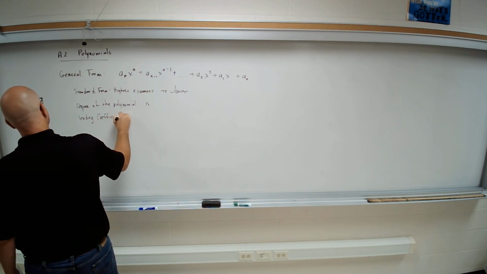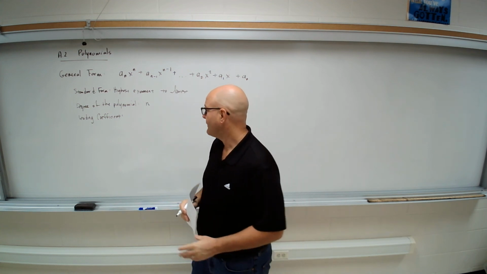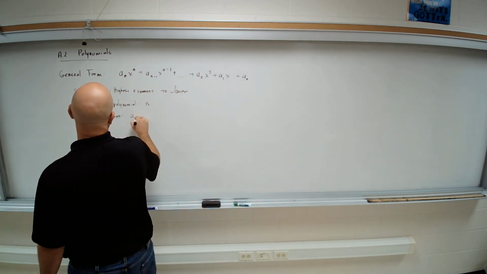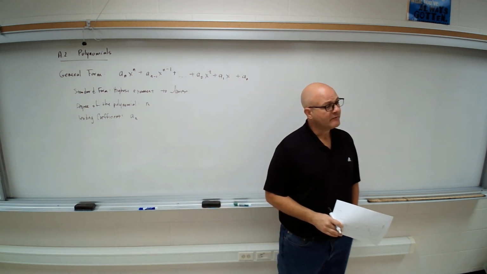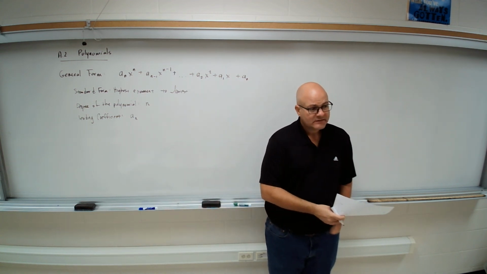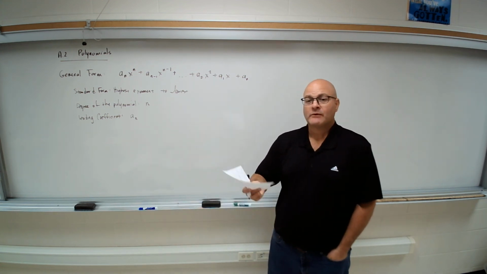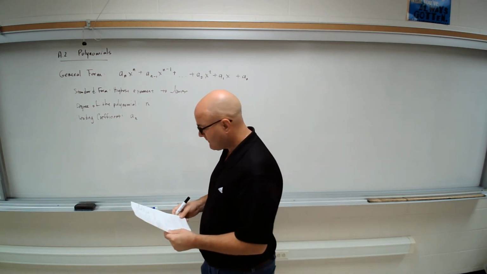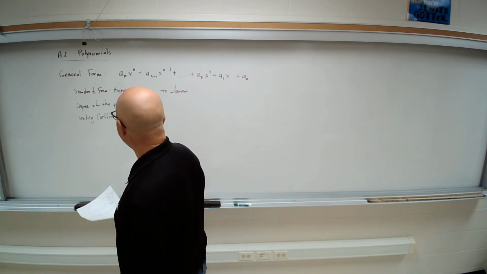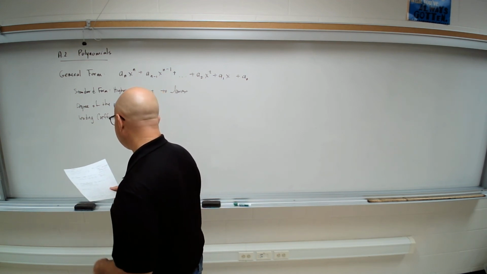Now, coefficient just means the number part in front of the x part. So the leading coefficient would be A sub n, because that's going to represent the number in front of the biggest power of x. So if the biggest power is x to the sixth, then there's a 3 in front of it. 3 would be our leading coefficient. Ends up being important later on. So we talked about standard form, degree of the polynomial, leading coefficient.